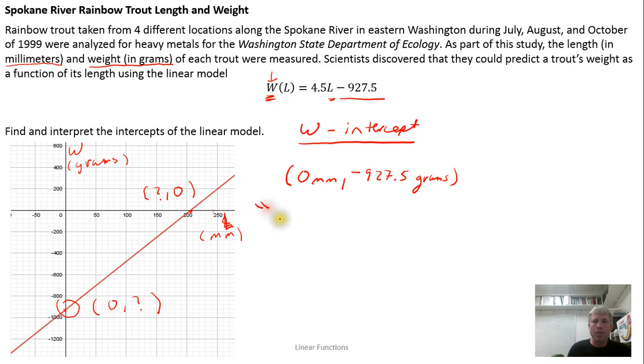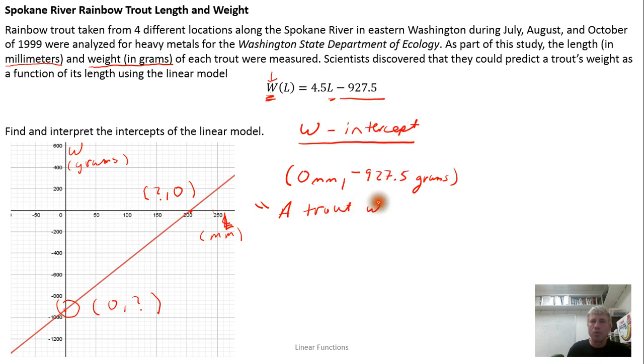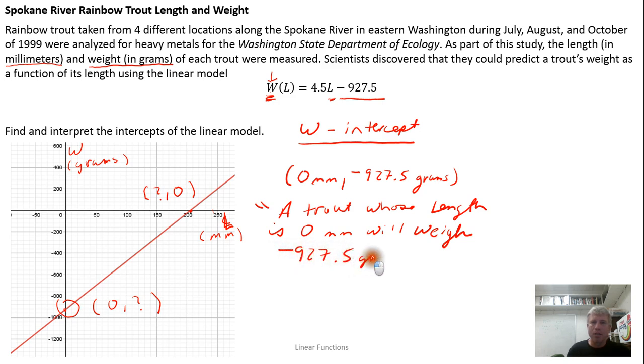And then the interpretation of that is a trout whose length is 0 millimeters will weigh negative 927.5 grams.